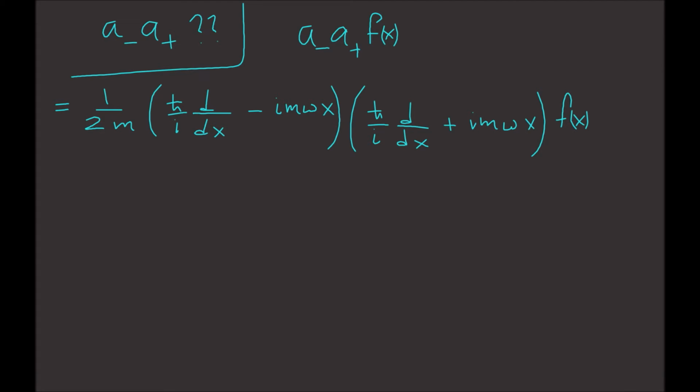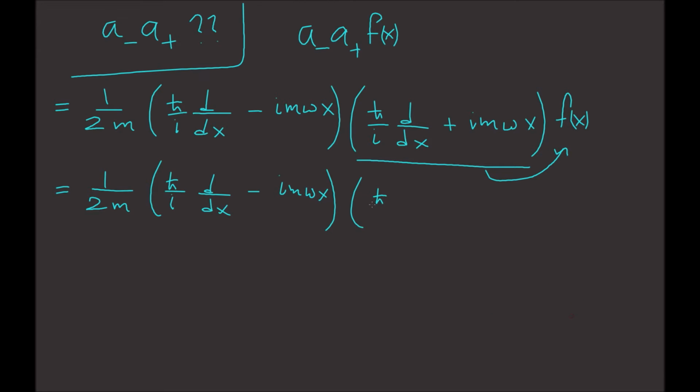We're going to take a look at this term by term. First, we operate the a plus piece on the function, which gives us 1 divided by 2m, everything the same, h bar divided by i df dx plus i m omega x f.